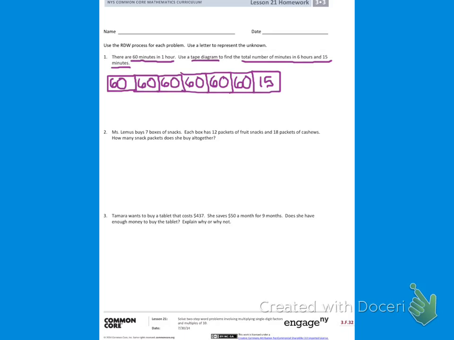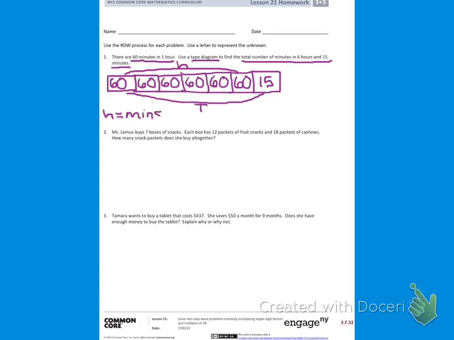All right, this part here will equal H. And this part here will be equal to T. Now let's define that. H is the minutes.